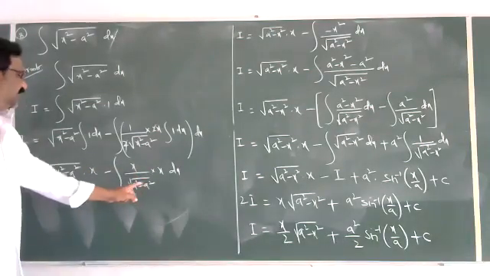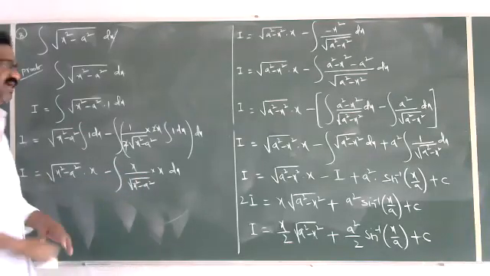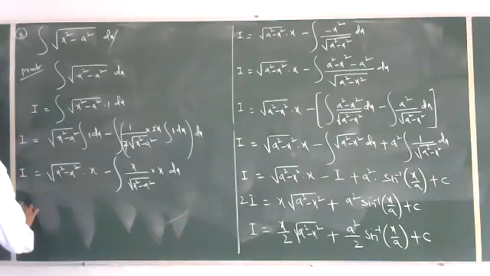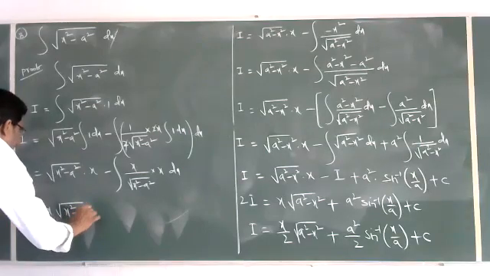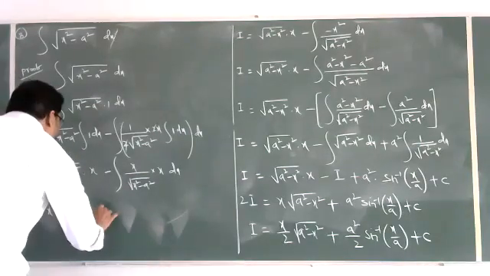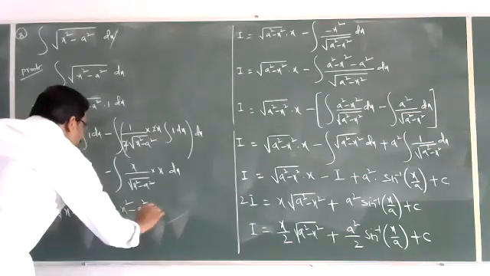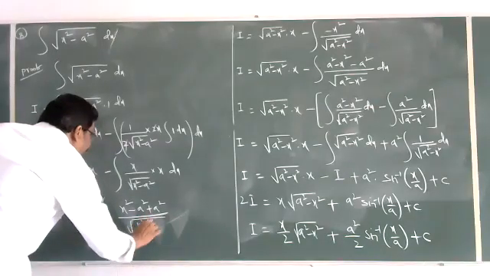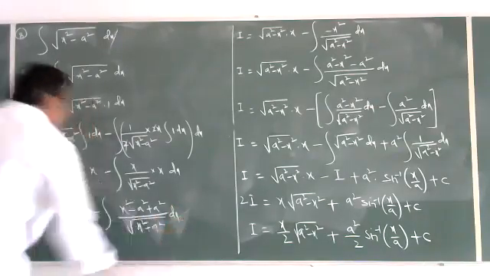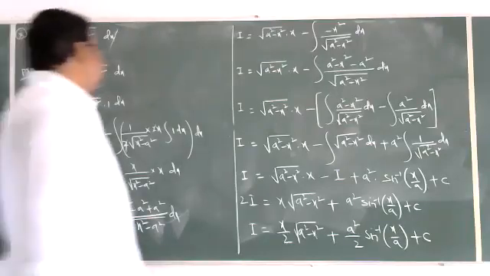So in the numerator x square, in the denominator x square minus a square, that's why adding a square and subtracting a square. That is I is equal to x into root of x square minus a square minus integral x square minus a square plus a square by root of x square minus a square dx.